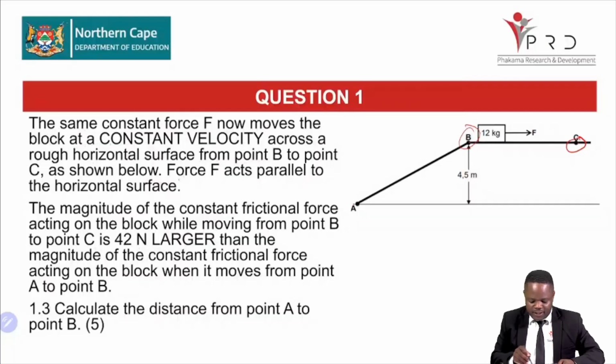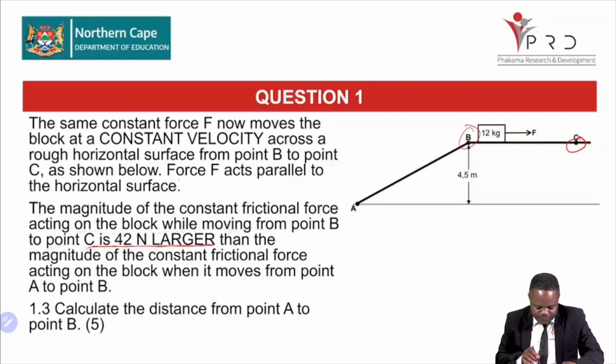Force F acts parallel to the horizontal surface, which is good there. The magnitude of the constant frictional force f acting on the block while moving from point B to point C is 42 newtons larger. Take note of that. The moment you see something in the upper case, take note of it.